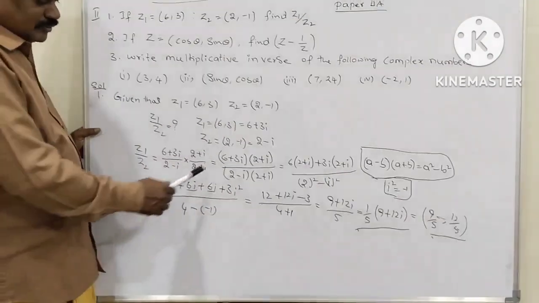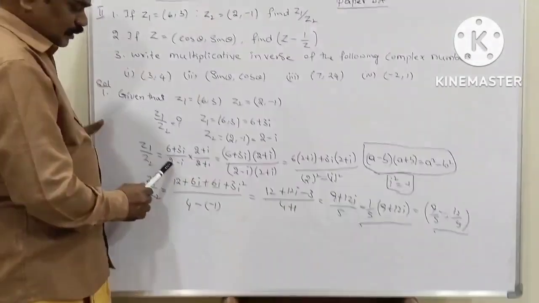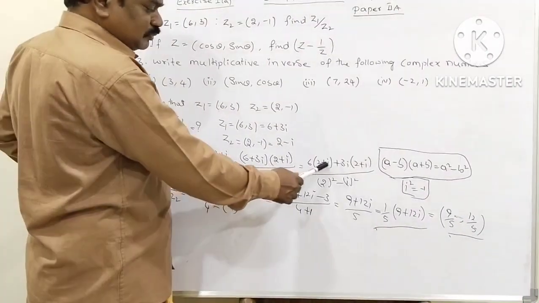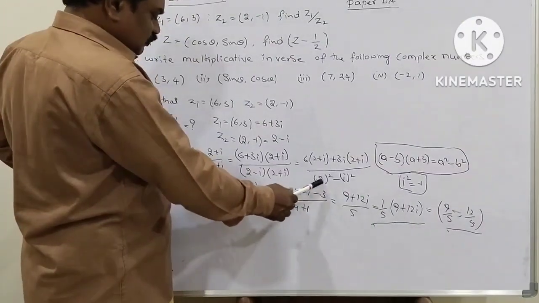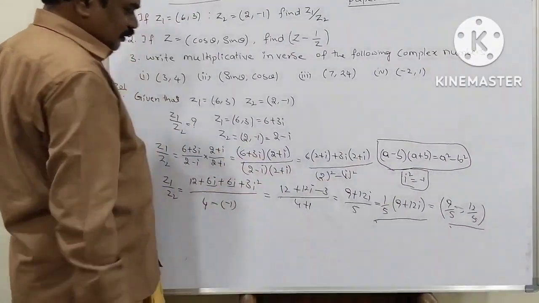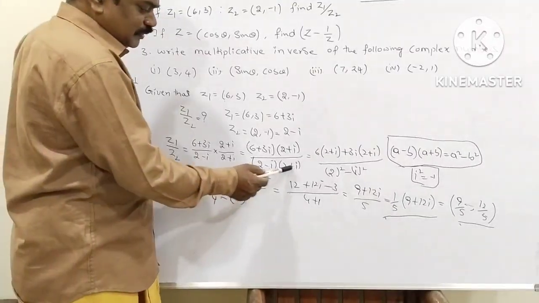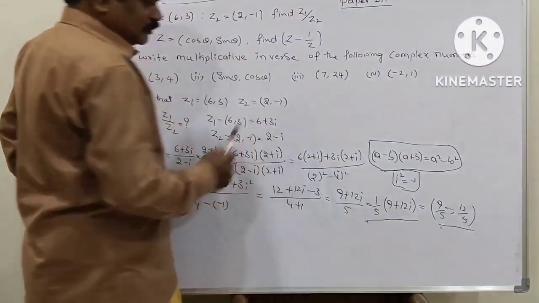So the numerator is (6 plus 3i) into (2 plus i) by (2 minus i) into (2 plus i). This is 6 of (2 plus i) plus 3i of (2 plus i) by 2 square minus i square. Here (a minus b) into (a plus b) is a square minus b square.